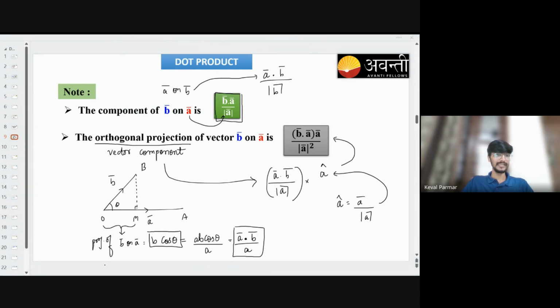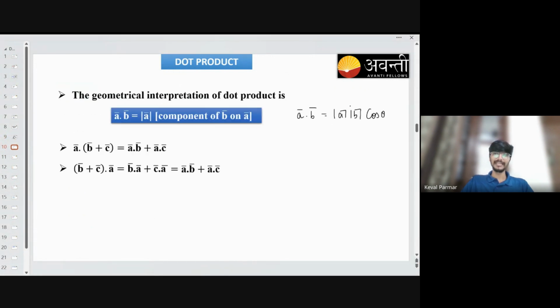B cos theta is projection or component of B bar on A bar. So that means I can separate B cos theta and write it as component of B bar on A bar. Correct? Now these are some next interesting properties which are commutative or you can say distributive.